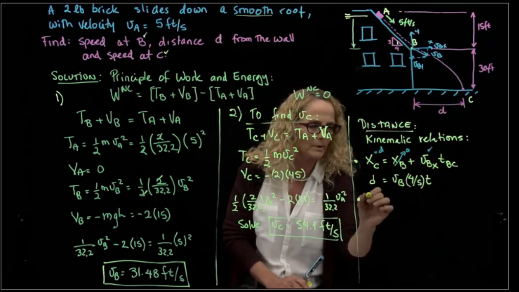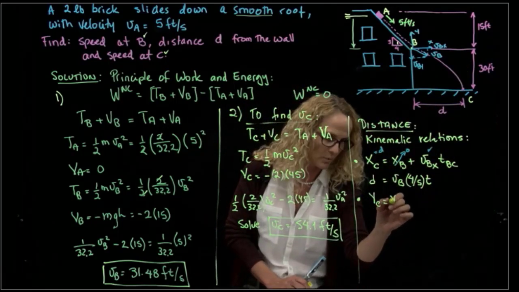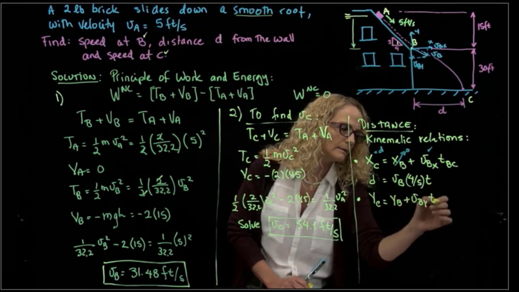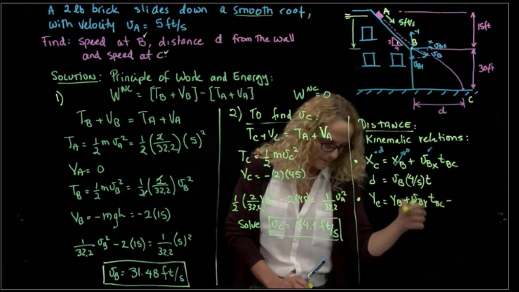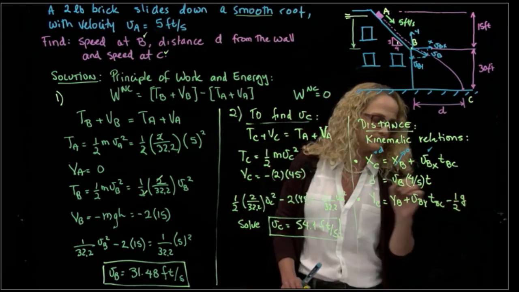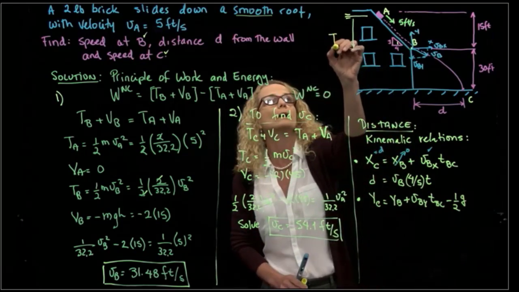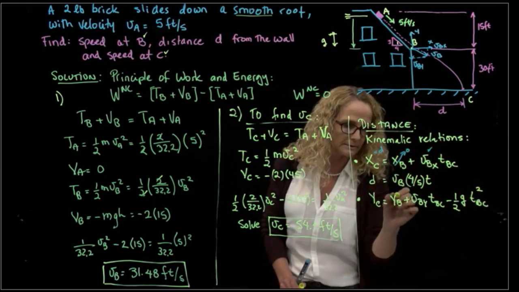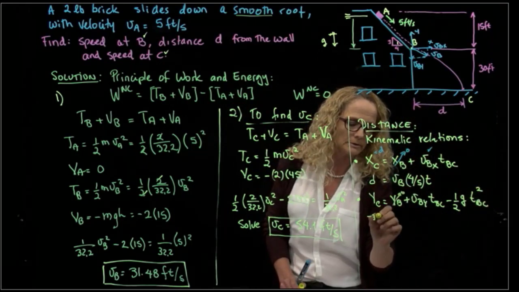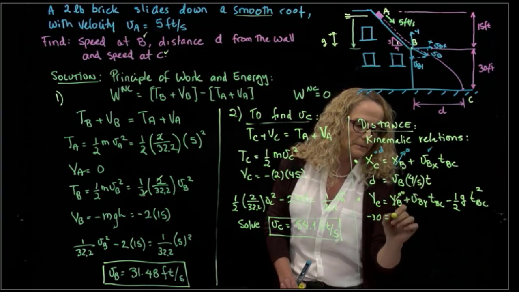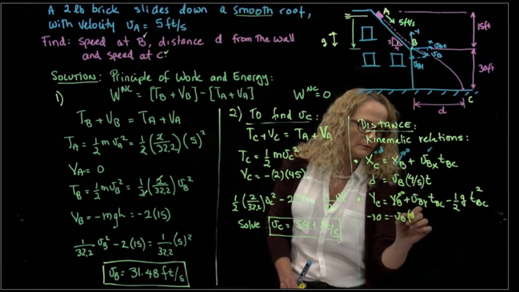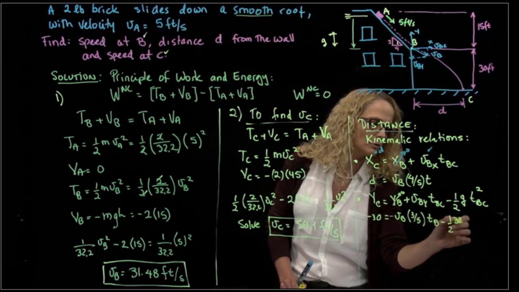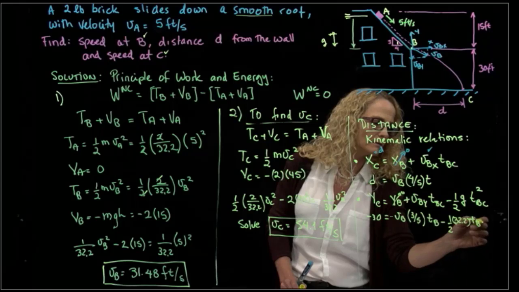So we remember that yC is equal to yB plus vy t from B to C minus 1/2 gravity, because the gravity is negative, we know that also, right? Times tBC. Say this is 0, and so this is minus 30 equals VB times 3/5 tB minus 1/2 32.2 tBC squared.